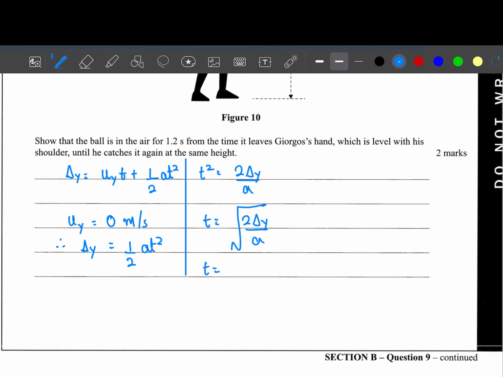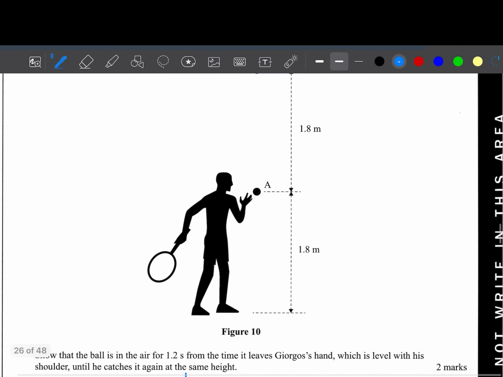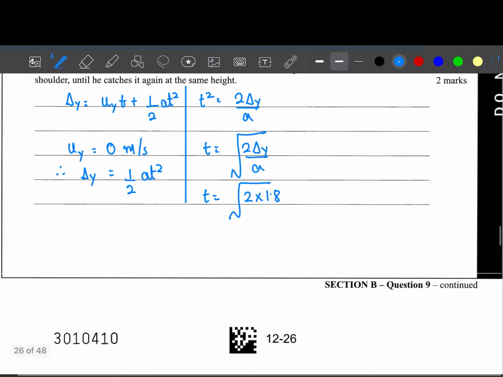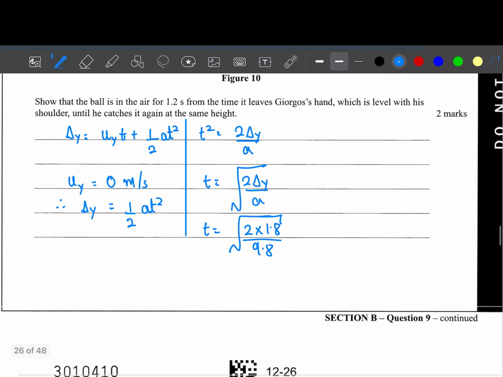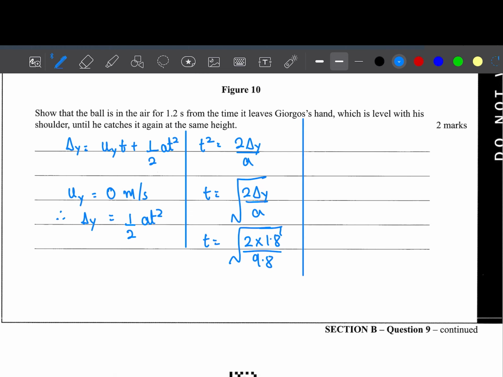So t equals the square root of 2 times 1.8, so this height over here, 1.8, on acceleration, which is 9.8. Okay, so let me just punch that in my calculator again. 2 times 1.8 on 9.8.